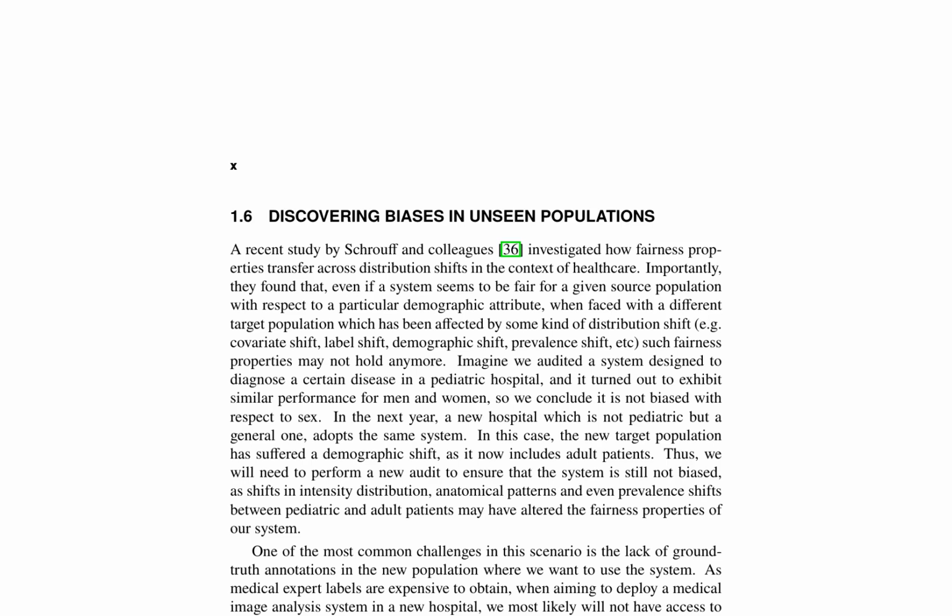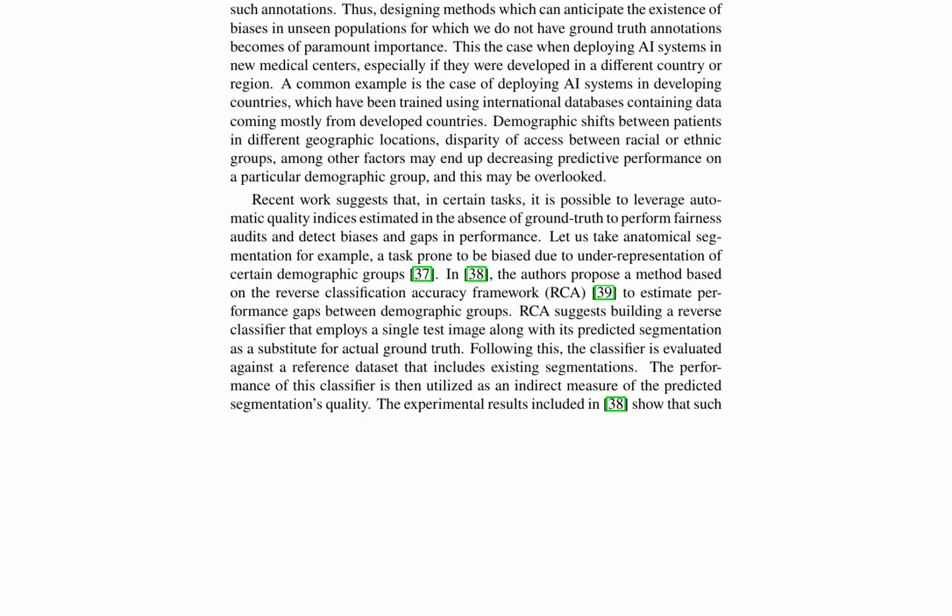Recent work proposes leveraging automatic quality indices estimated in the absence of ground truth to perform fairness audits and detect biases and gaps in performance. For example, in anatomical segmentation, a task prone to biases due to underrepresentation of certain demographic groups, a method based on the reverse classification accuracy framework can estimate performance gaps between demographic groups.